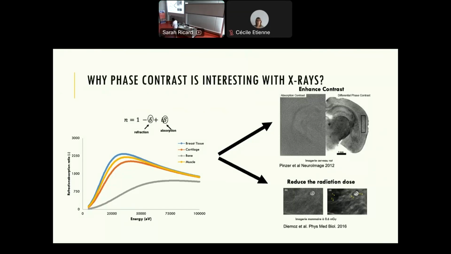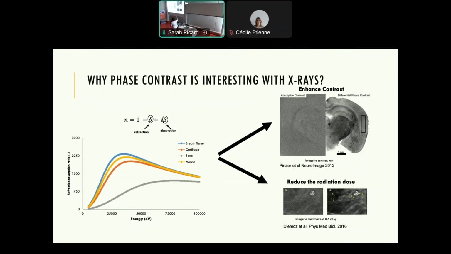So you can do exactly the same thing. The Hounsfield unit is 1000 times the mu of your tissue minus the mu of water, divided by the mu of water. And you can do such a thing with refraction.